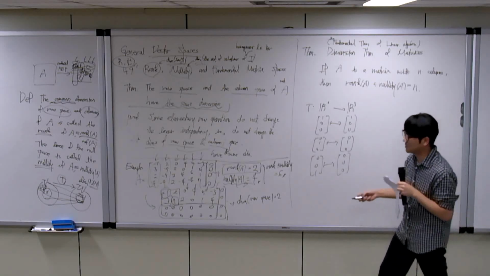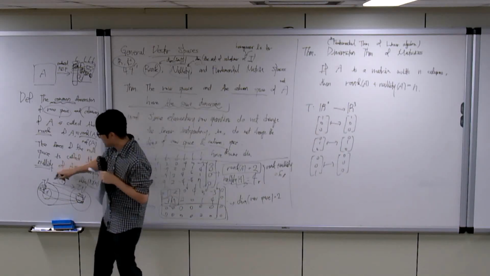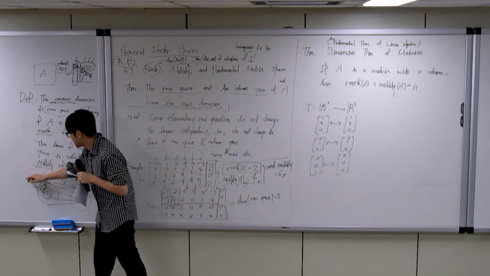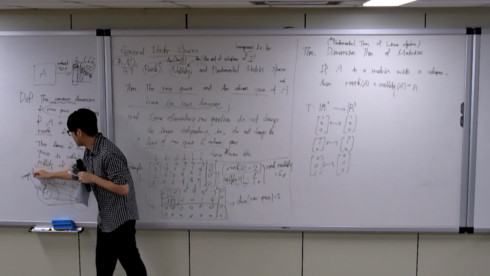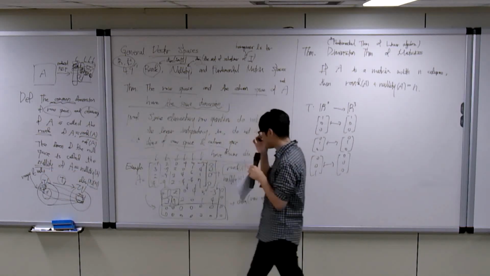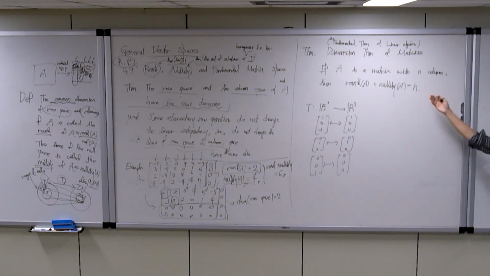In this sense, we can divide the space V into a range space and the null space. The dimension theorem is saying that.